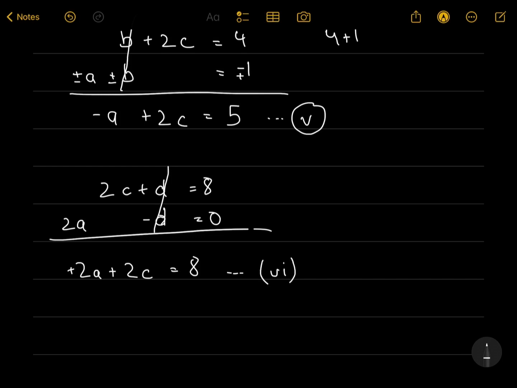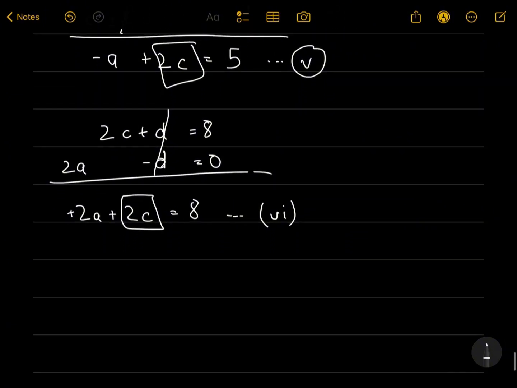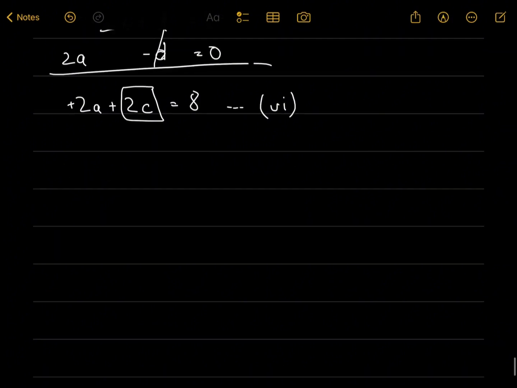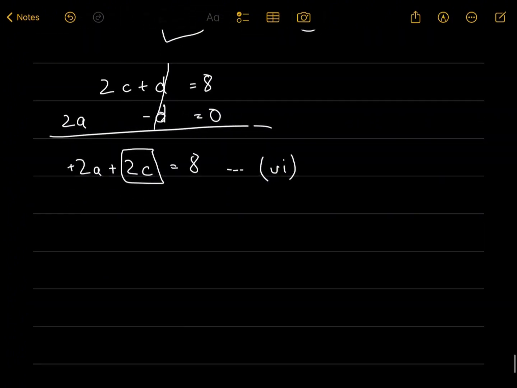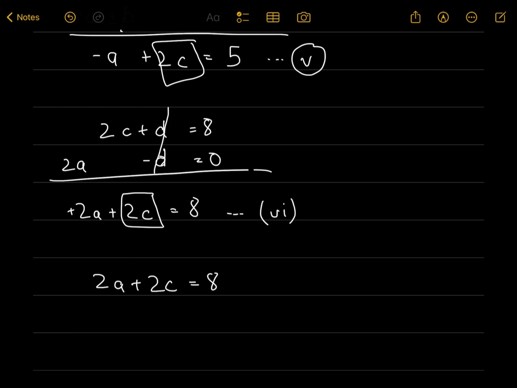So that's the sixth equation. If we compare the fifth and the sixth equation, we get something in common. That's 2C here and 2C here, and the signs are equal, so we'd subtract. So now we'd subtract equation number 5, minus A plus 2C equals 5, from equation number 6, 2A plus 2C equals 8.